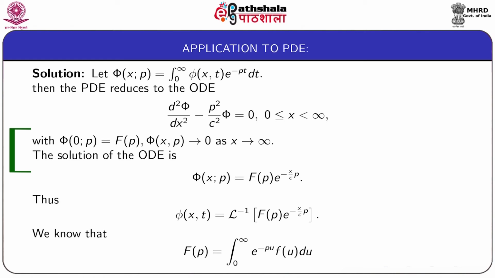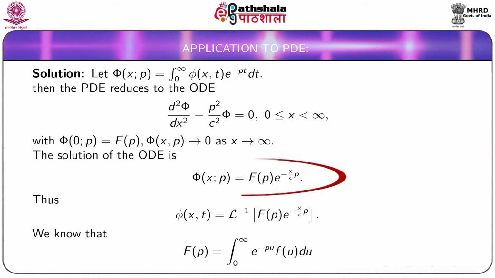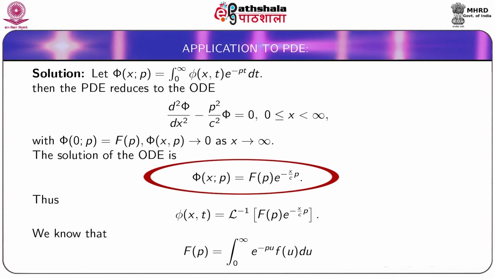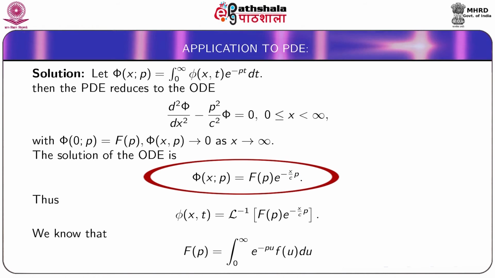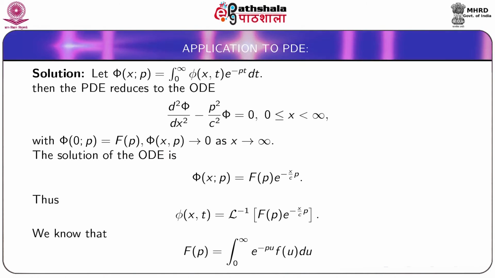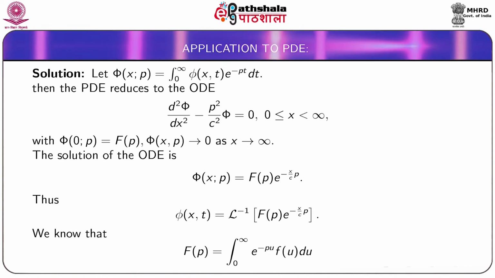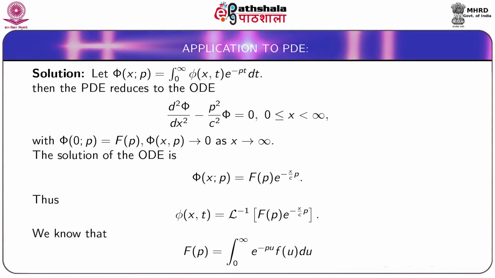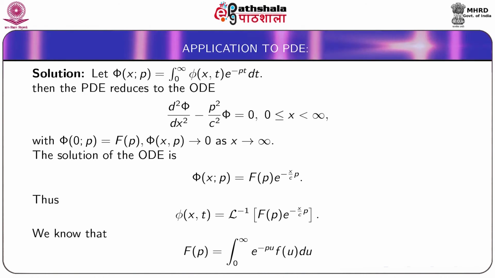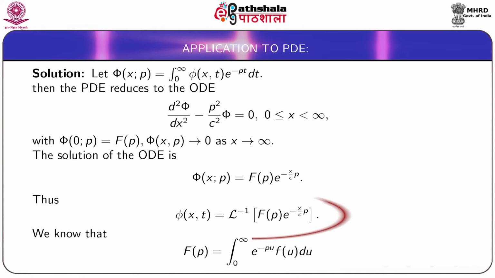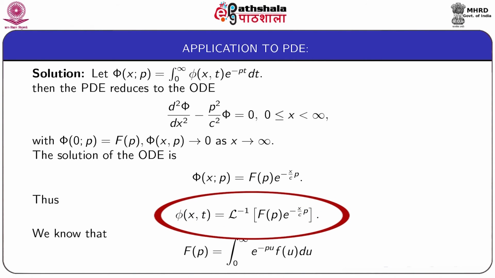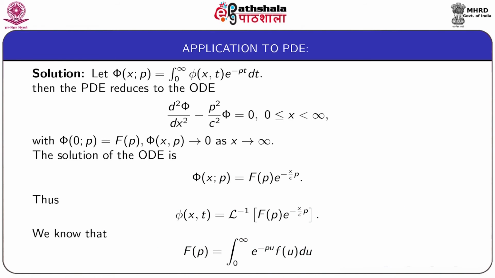With the boundary conditions, the solution of this ordinary differential equation can be written as capital Phi(x,p) is equal to capital F(p) e to the power minus x by c into p. Now taking the Laplace inverse of capital Phi here, we obtain small phi(x,t) equal to the Laplace inverse of capital F(p) into e to the power minus x by c into p.